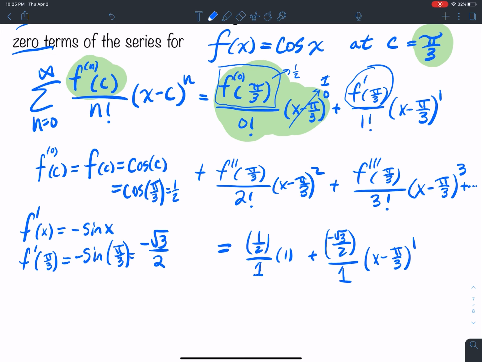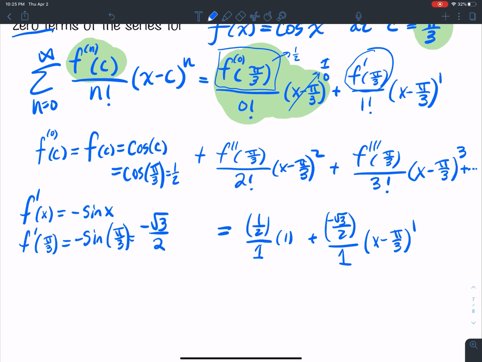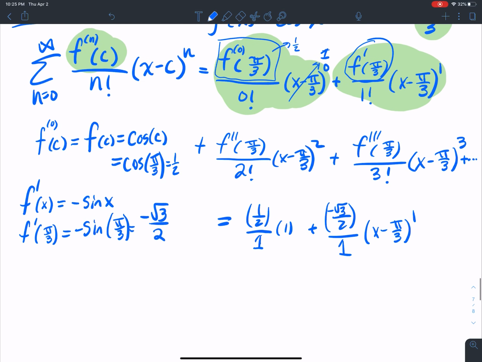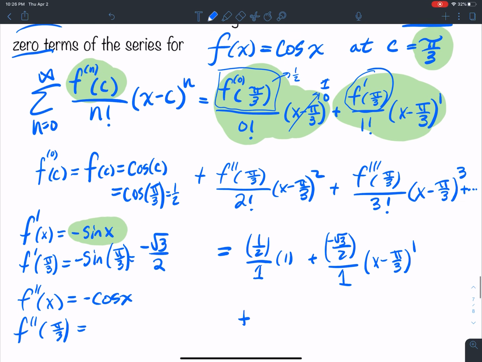Okay, let's do double prime. So now we've gotten these first 2 non-zero terms completed, and we'll come back and simplify in just a second. So let's do f double prime of x. The derivative of negative sine x is negative cosine x. So f double prime evaluated at pi over 3, what is this equal to?